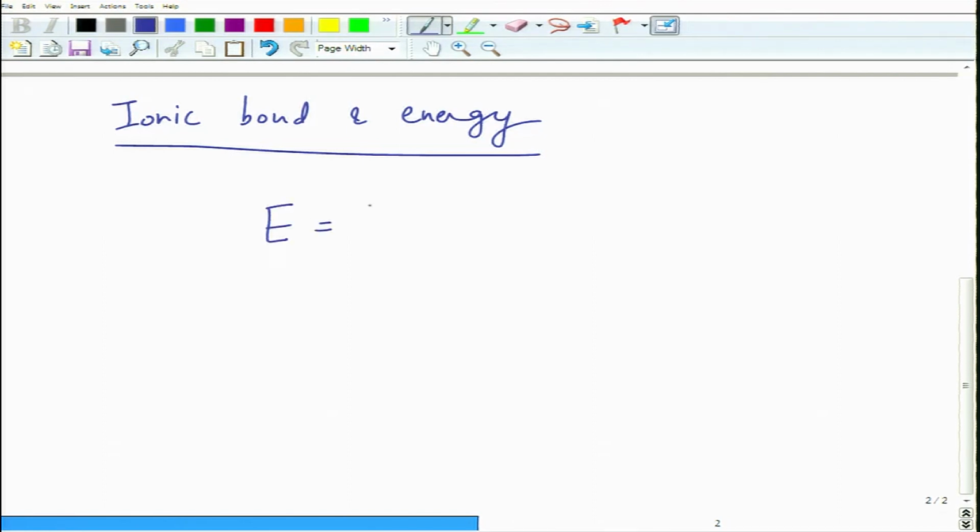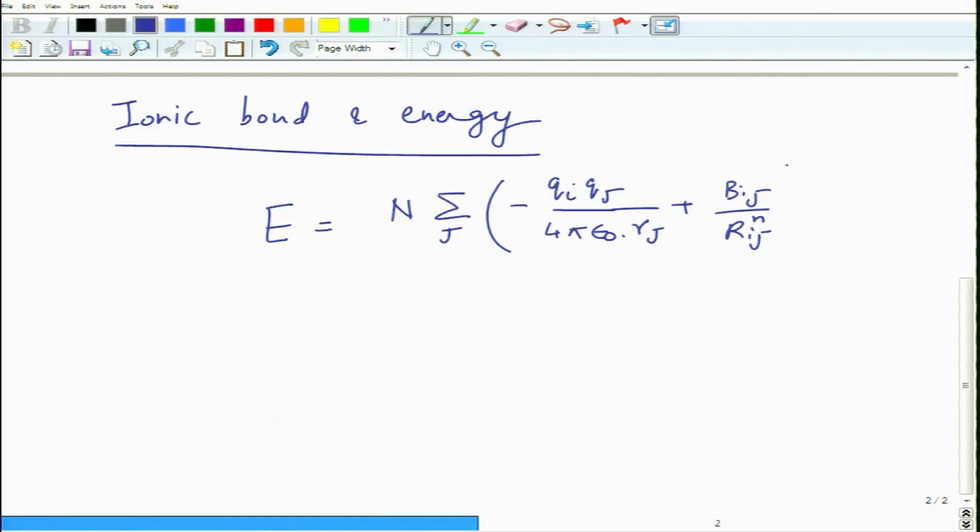So energy was equal to N of epsilon j, and you have sum of j plus bij divided by rij to the power n, and this is basically for sum of you have attractive term here, this is attraction, and this is where you have repulsion, and balance of these two is going to determine how they are going to be assembled.